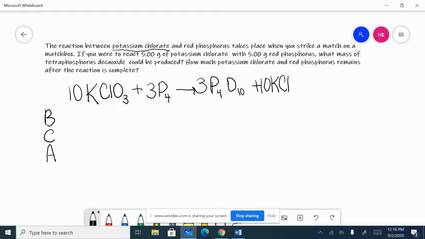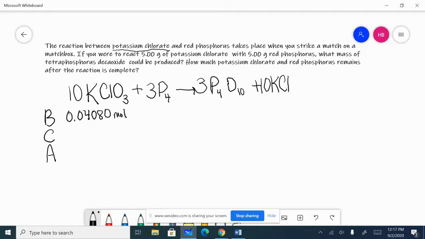So let's change potassium chlorate from grams to moles by dividing by the molar mass. The molar mass is 122.55. I added 1 potassium, 1 chlorine, and 3 oxygens together. And the mole start value is 0.04080 moles.